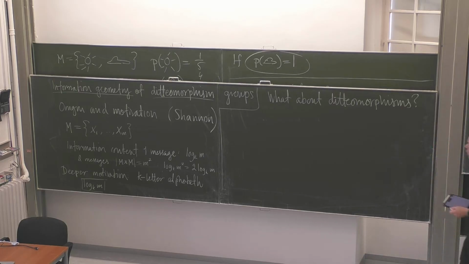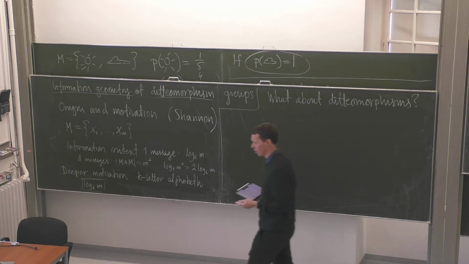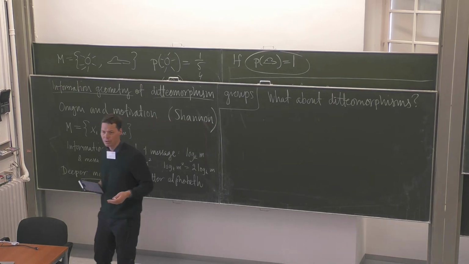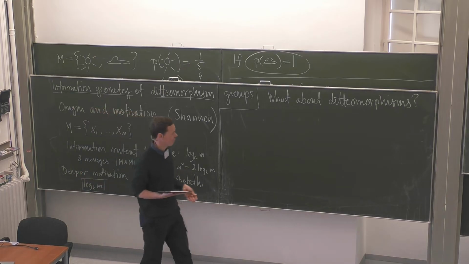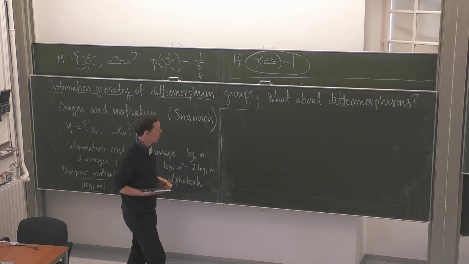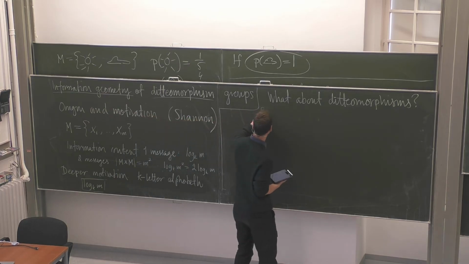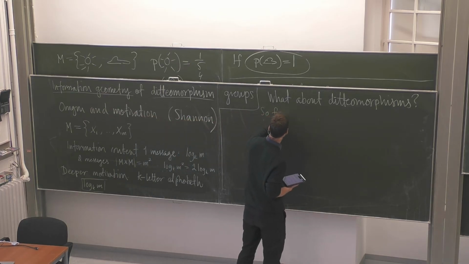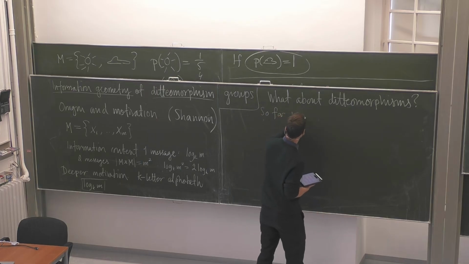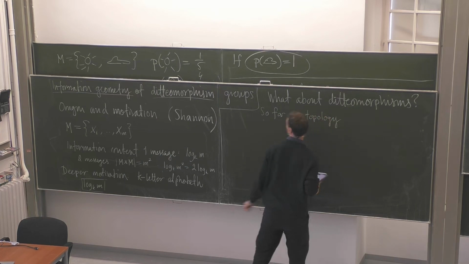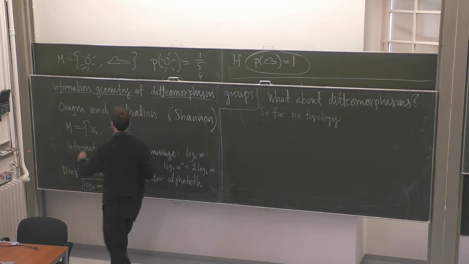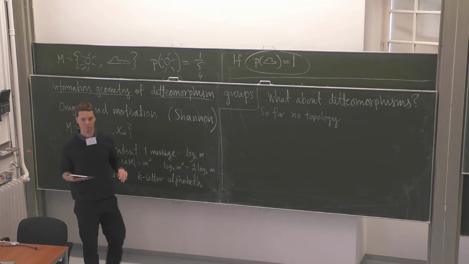So the first thing you have to realize when we talk about diffeomorphisms is that we're usually working with manifolds. A manifold has a topology associated with it, some smoothness. So far, you have no topology. This set M that I was talking about is just a set of elements.